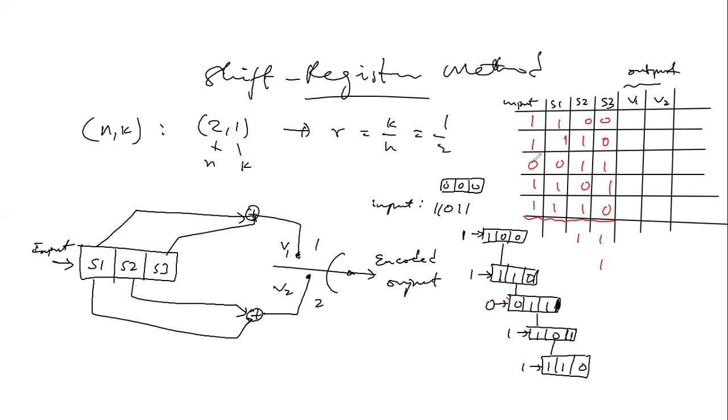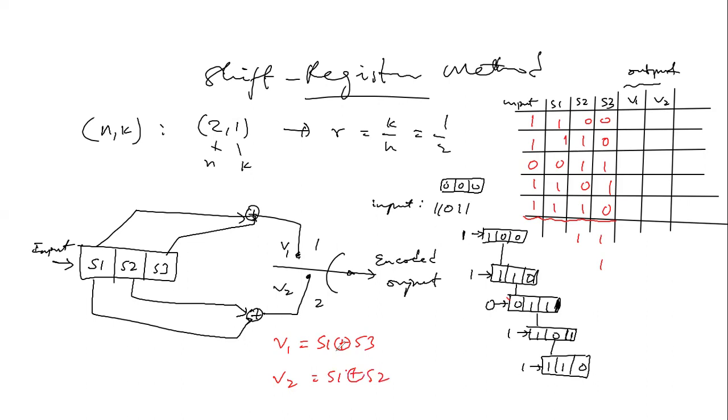But this is what is useful here. We now have to figure out the outputs, V1 and V2. From the connection diagram, V1 is given as the modulo 2 addition between X1 and S3, while V2 is given as the modulo 2 addition between X1 and S2.